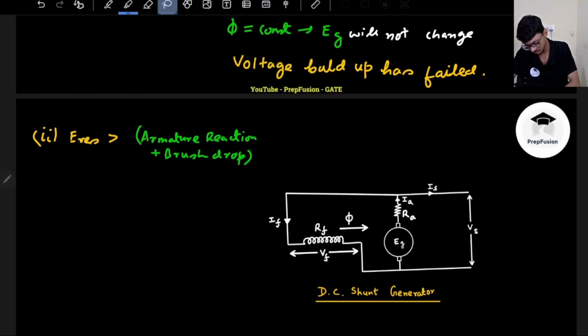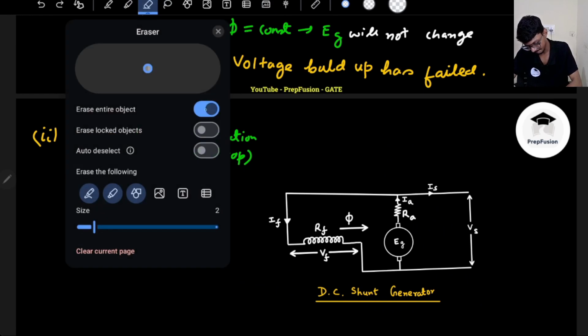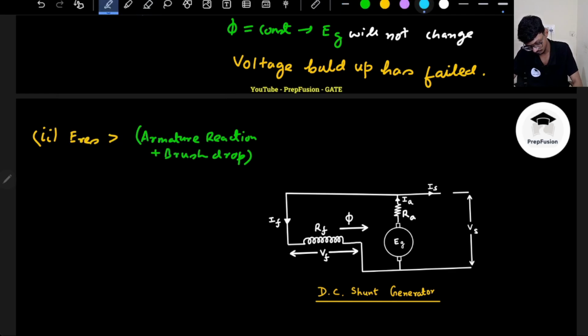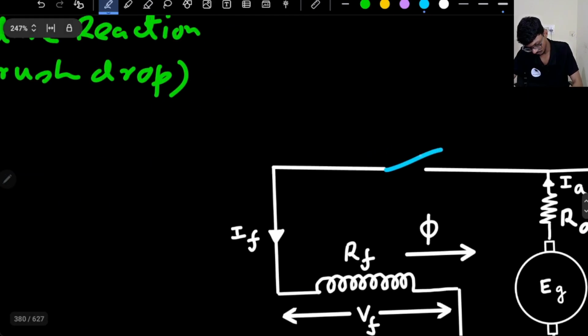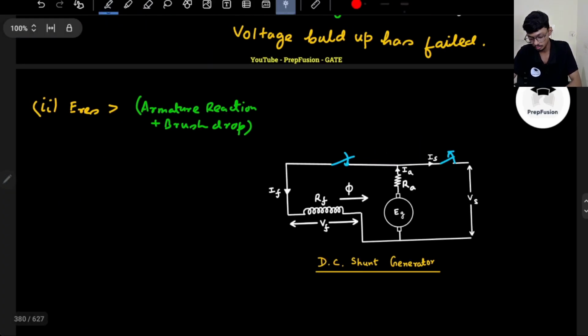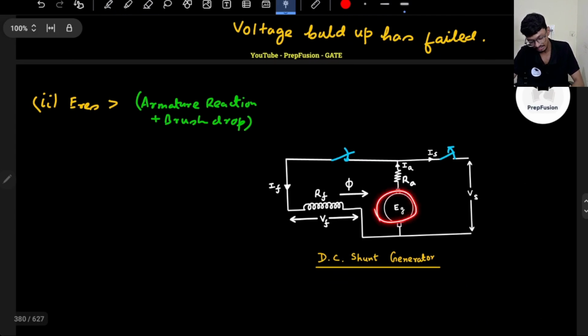Let's assume that the load circuit is open, no problem, and the field circuit is initially open. And this I will close. As soon as I close it, the assumption is that there is enough residual voltage.